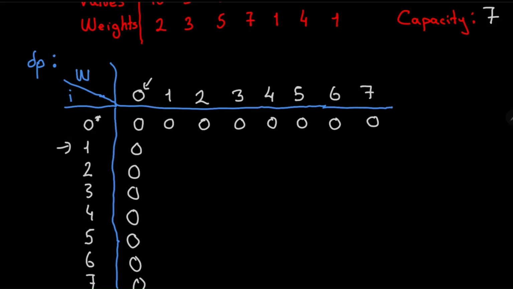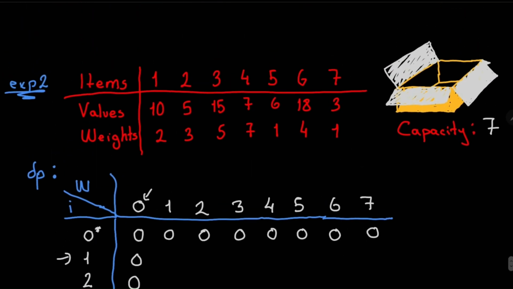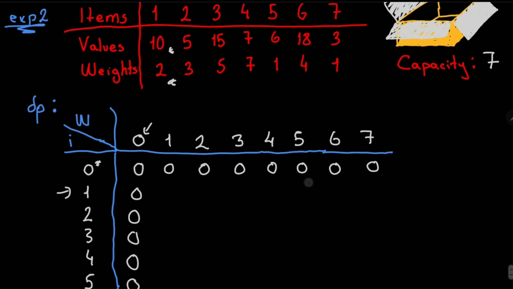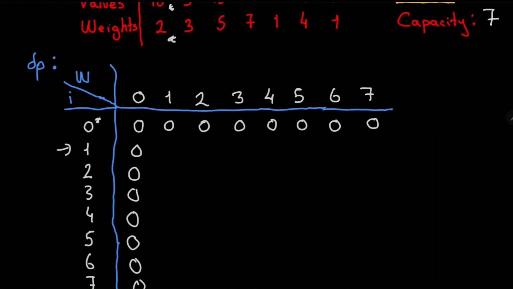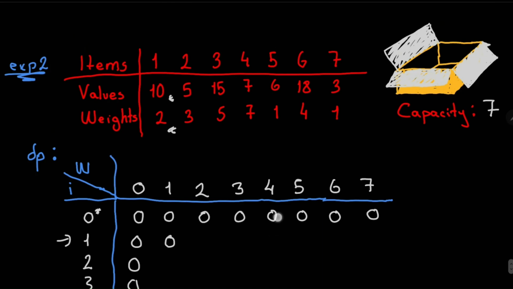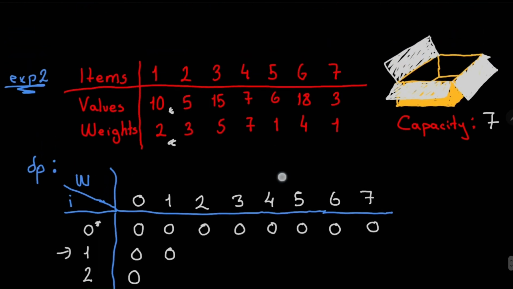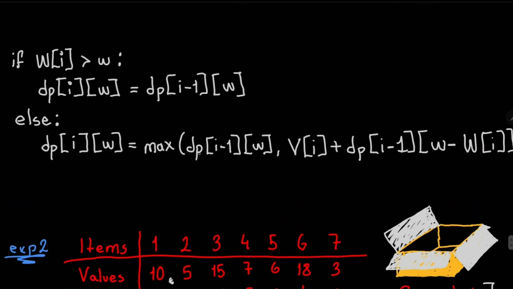Let's look at the item 1. Item 1 has a weight of 2 and its value is 10, which seems like a very profitable item, right? Let's see. When the current capacity is 1, we cannot take it because its weight is 2. Again, we are taking the previous row. When the current capacity is 2, we can take item 1. However, should we? Let's see.